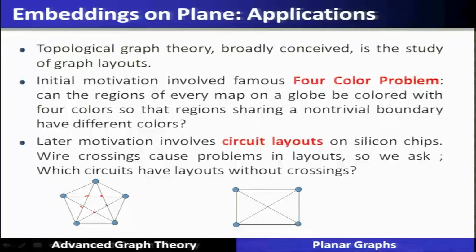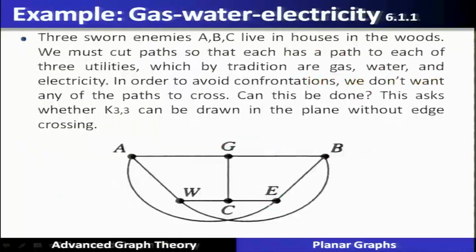Can we redraw this graph so that the edges do not cross other than at the end vertices? Similarly, the second graph also has crossings. Edge crossings are not required in circuits. So, how can we plot the graph without crossings? That is called embedding on a plane.